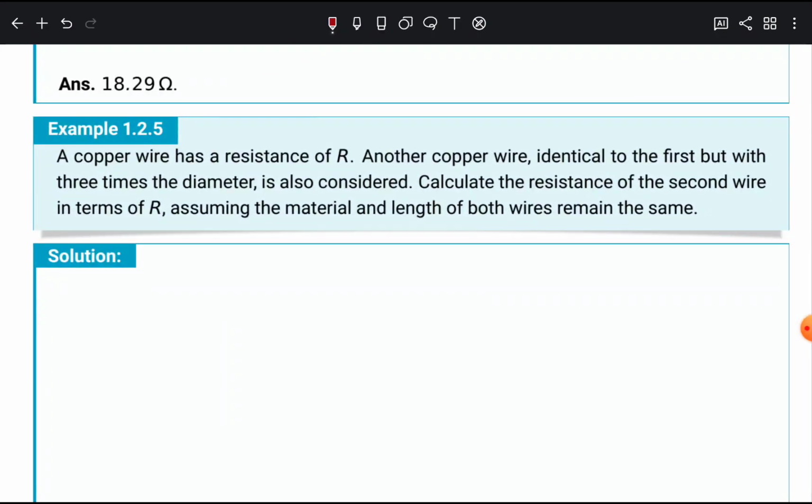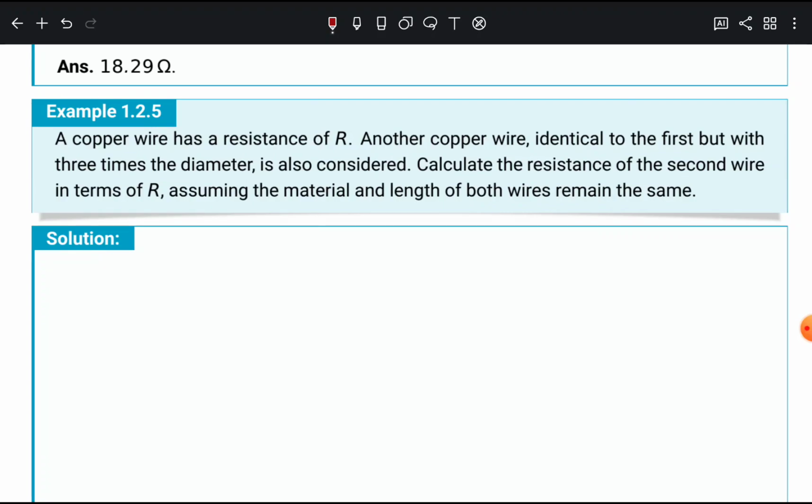Next, a copper wire has a resistance of R. Another copper wire identical to the first but with 3 times the diameter is also considered. Calculate the resistance of the second wire in terms of R, assuming the material and length of both remain the same or identical. So identical, we have identical materials.